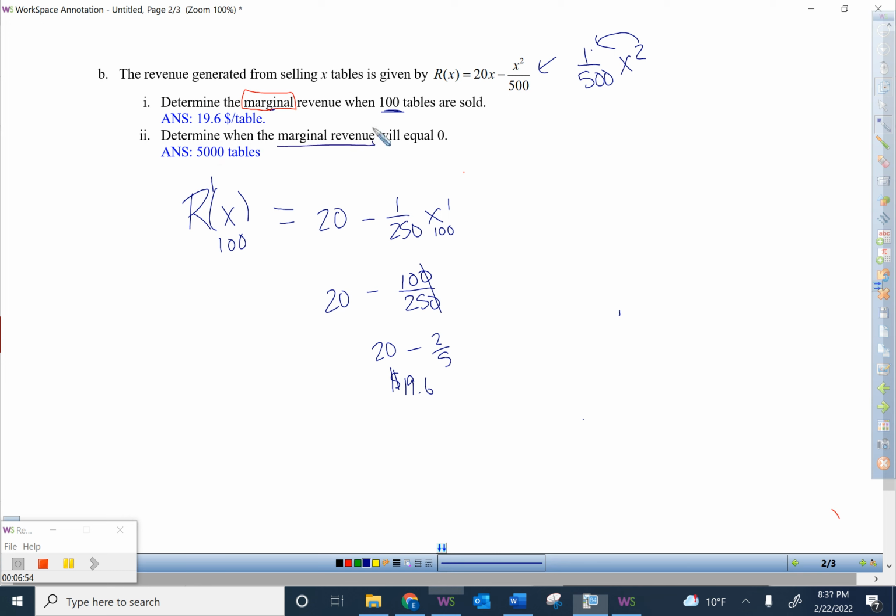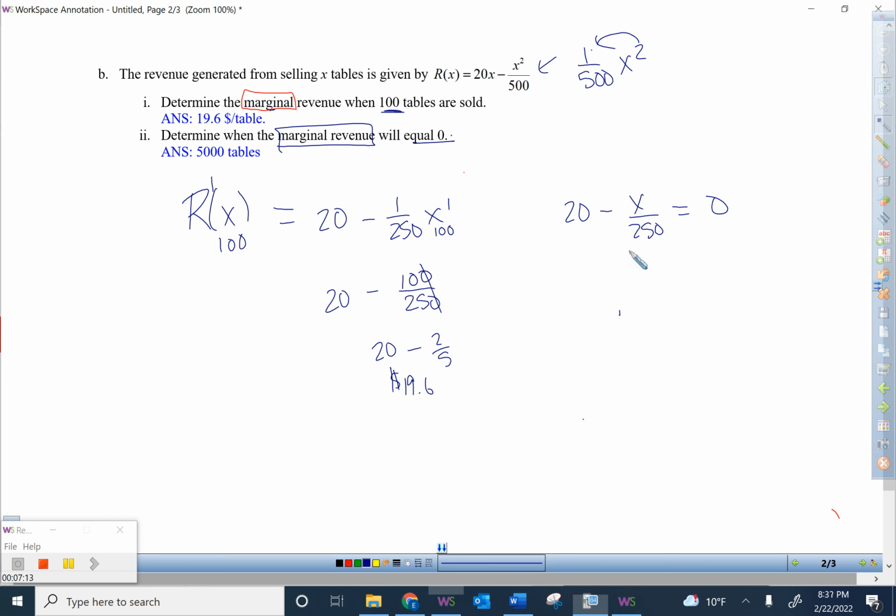So it says literally take your marginal revenue, which we just found, and set it equal to 0. So I'm going to go to the side here and take my 20 minus, this was 1 over 250, but I'm going to actually rewrite it the way they did, x over 250, just to make it a little easier here. And we're saying it equal to 0 because they said to.